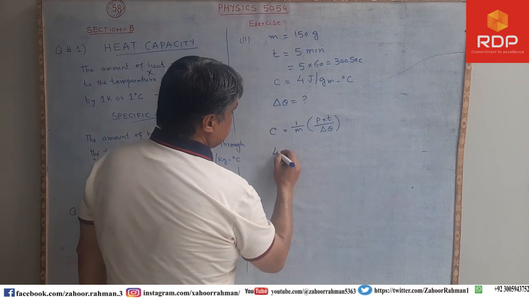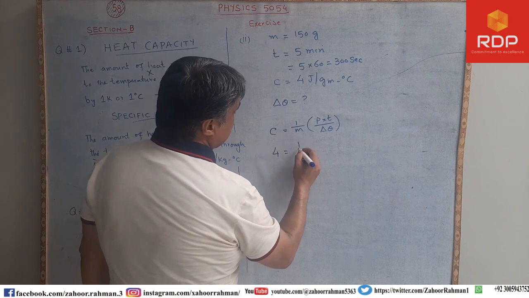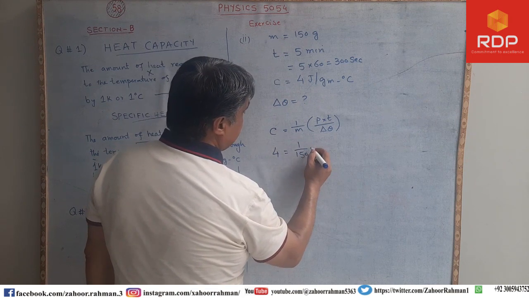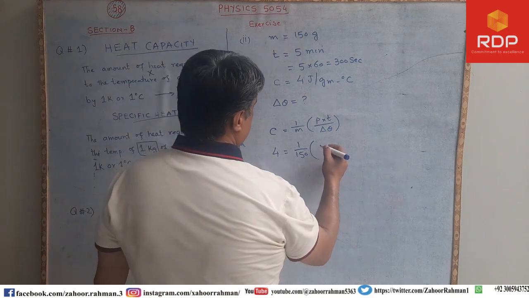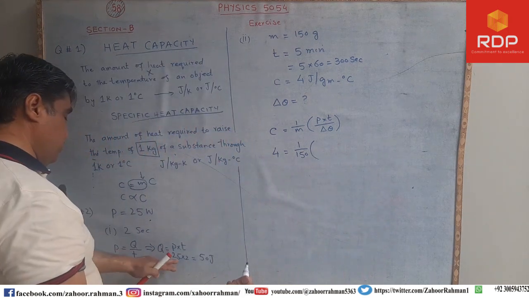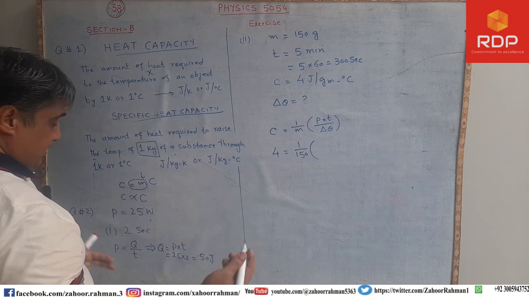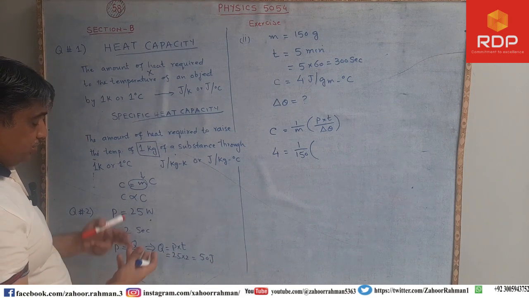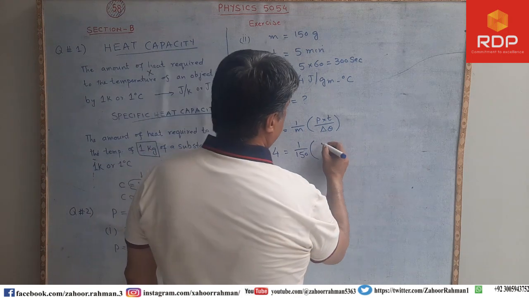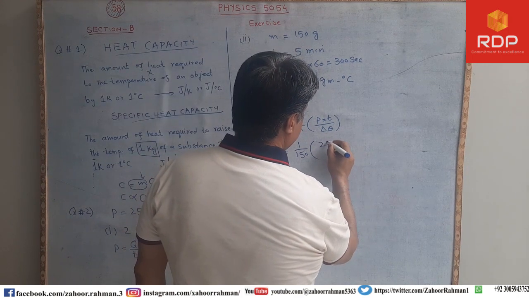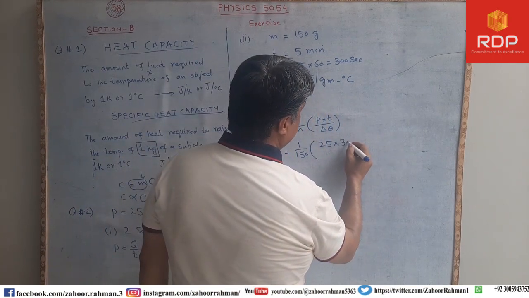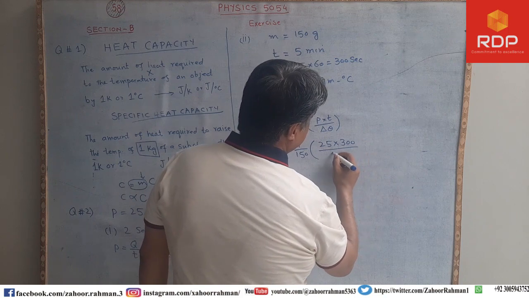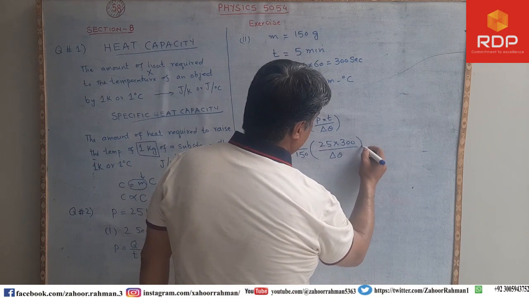C is 4, m is 1 over 50, P is given as 25, and we found Q is equal to 50. Q is equal to PT, so directly we can write 25, and then T is given in this case as 300, and delta theta we have to find.